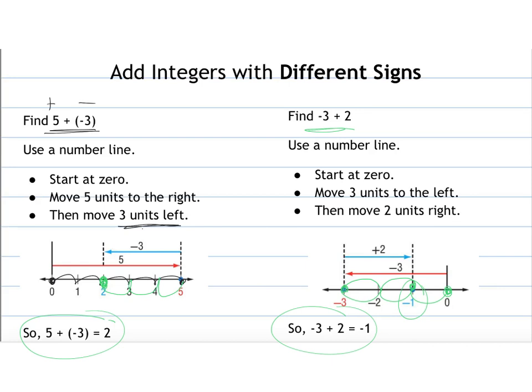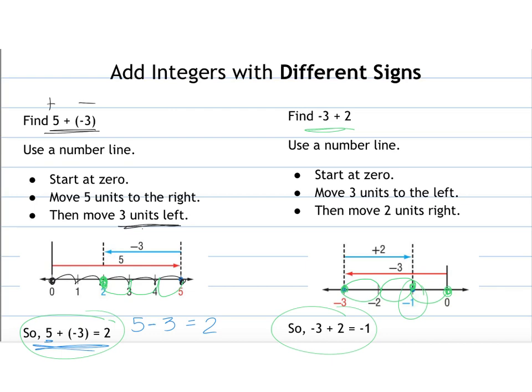Another way that we can do this, so if I look down here, 5 plus -3 equals 2. I can drop the signs. So I'm just going to drop the signs and have 5 and 3 and subtract. I get 2.